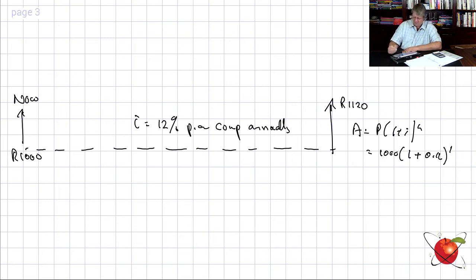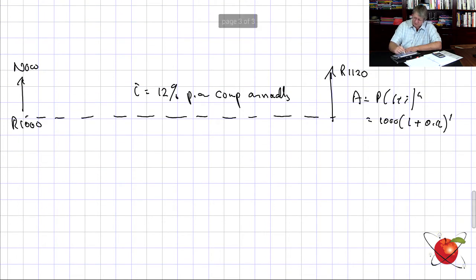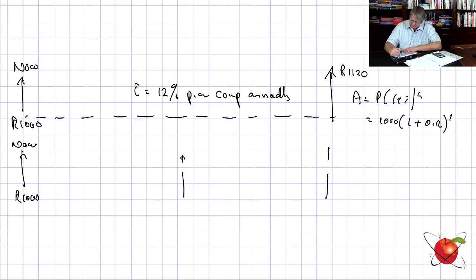But now I'm going to change it. I'm going to move it and say, all right, we've still got our 1,000 Rand. This is now. But what I'm going to do is add interest over here and again over here. So this is going to be semi-annually.